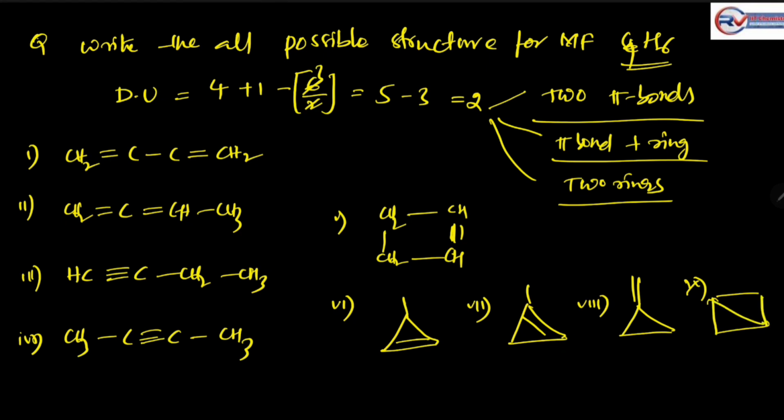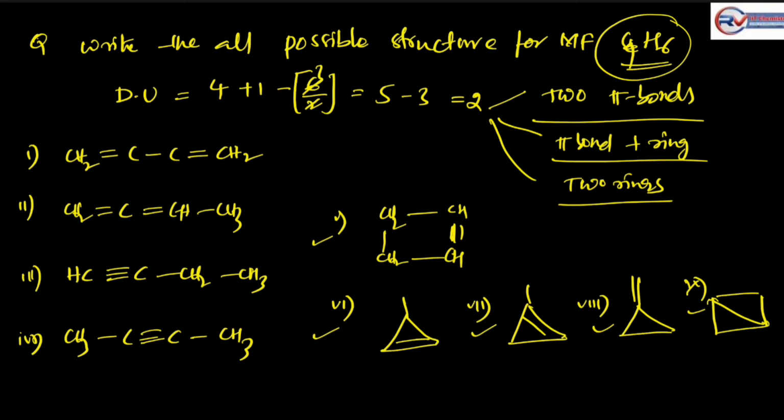Two rings. The total is 9 isomers possible for the given molecular formula. How many cyclic structures are possible? See, 1, 2, 3, 4, 5. In C4H6, cyclic structures are 5. Total number is 9.